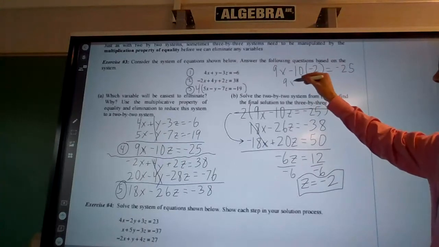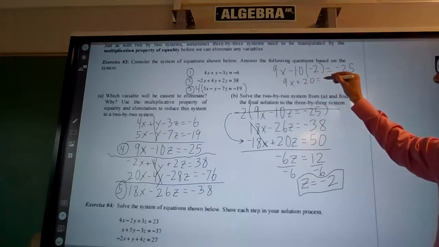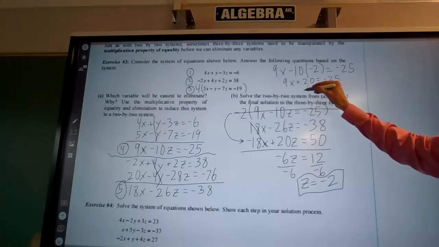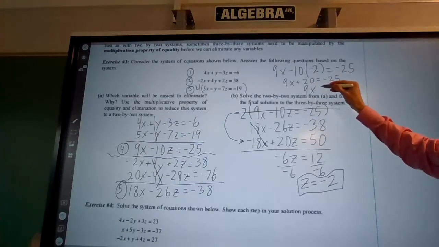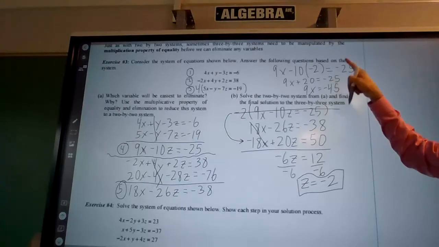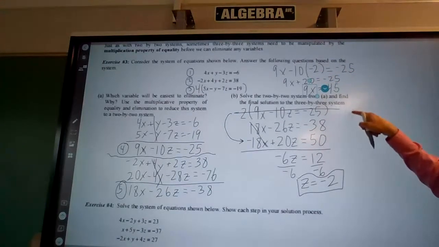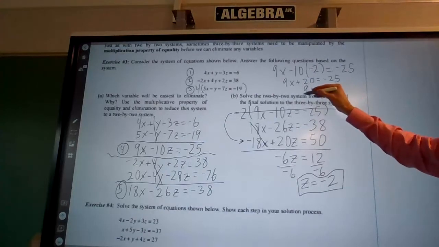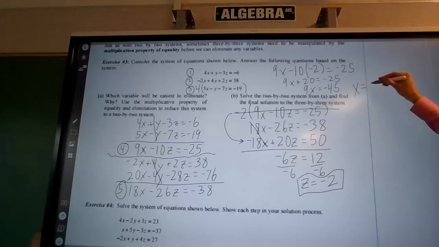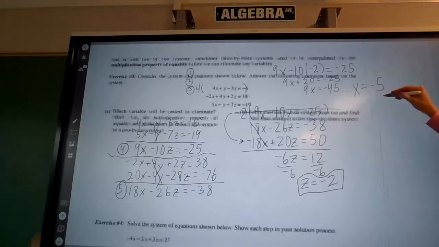So 9x plus 20 equals negative 25. I subtract 20 from both sides. It gives me 9x equals negative 45, because negative 25 minus 20 is negative 45. Now my last step would be to divide by 9, which gives me x equals negative 5.